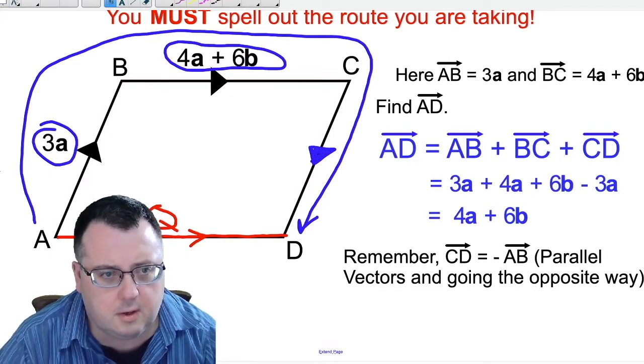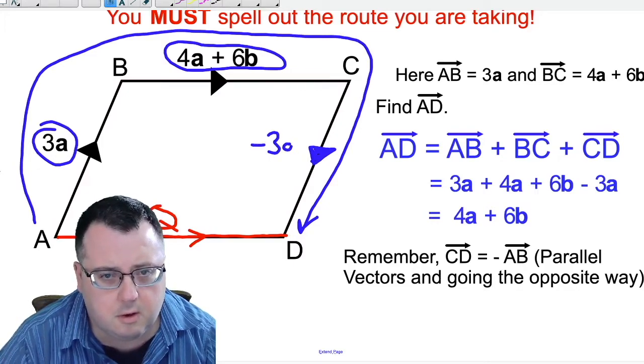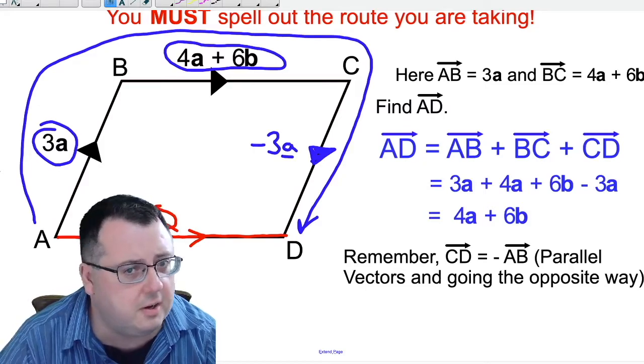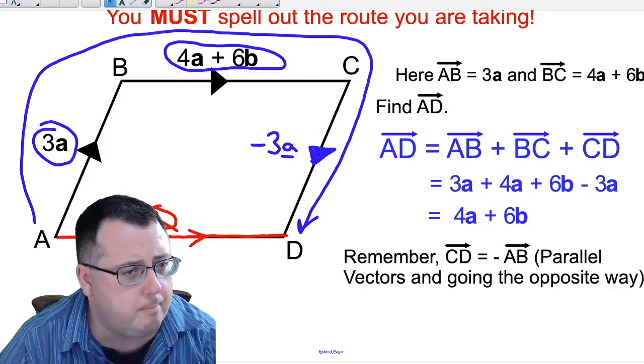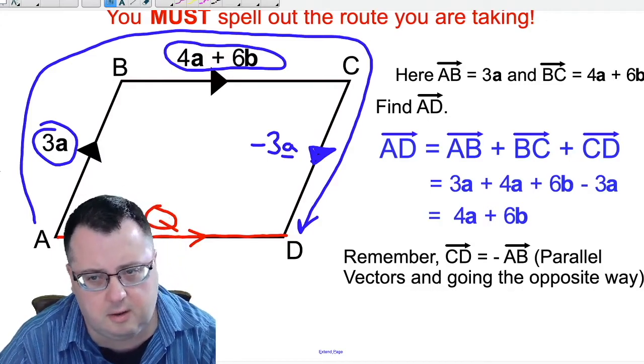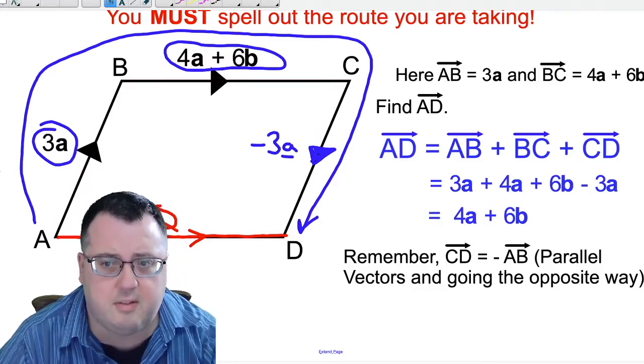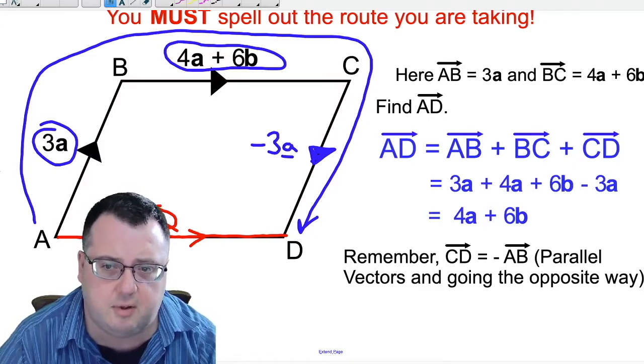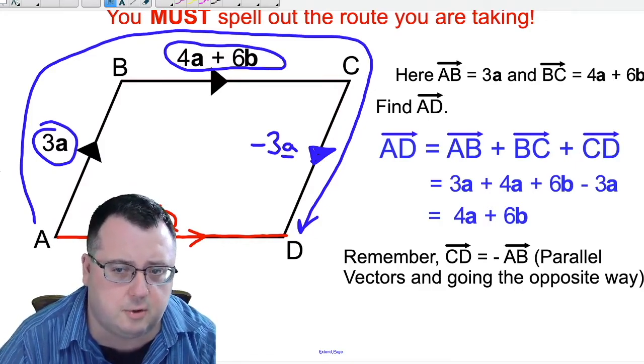And that's going to be negative 3a. It's negative because you're going in the opposite direction. But it's still the same vector. So if we do the math now and collect all the a's together, 3a plus 4a makes 7a.